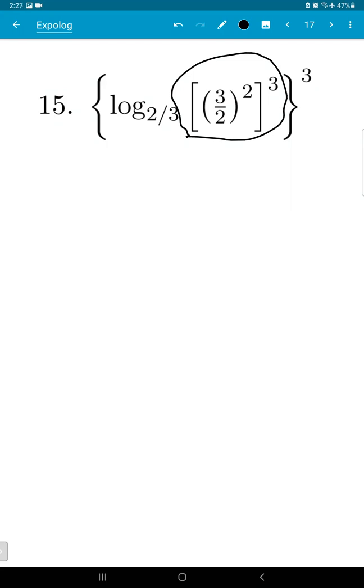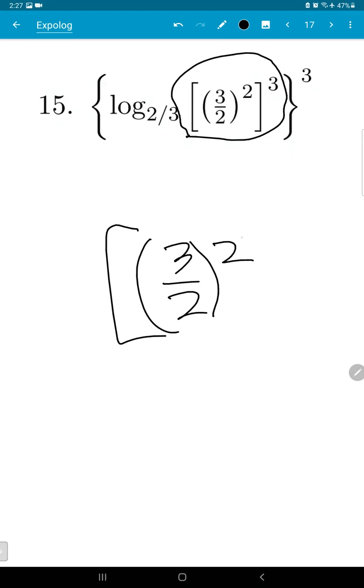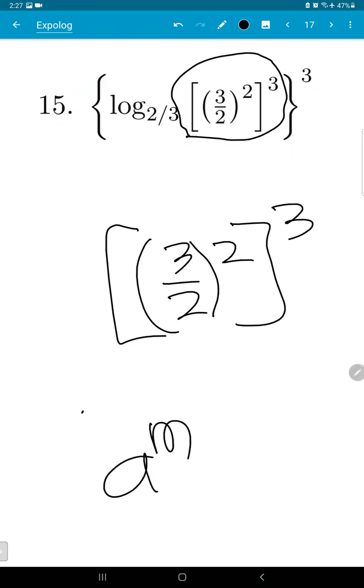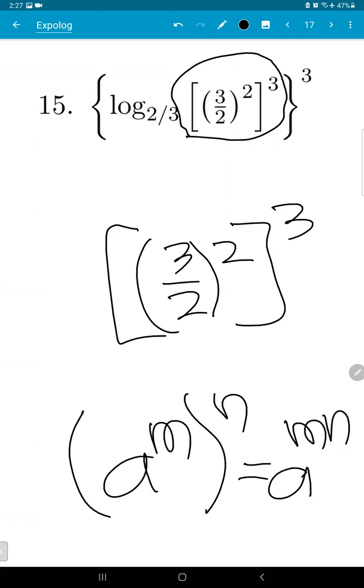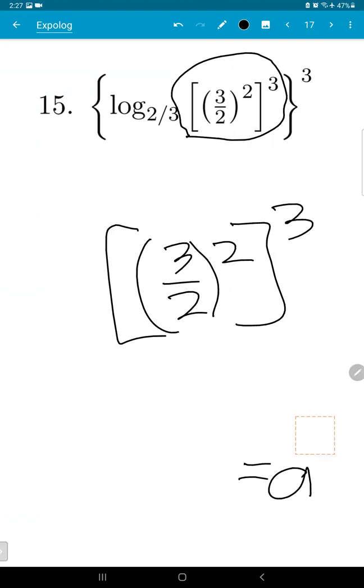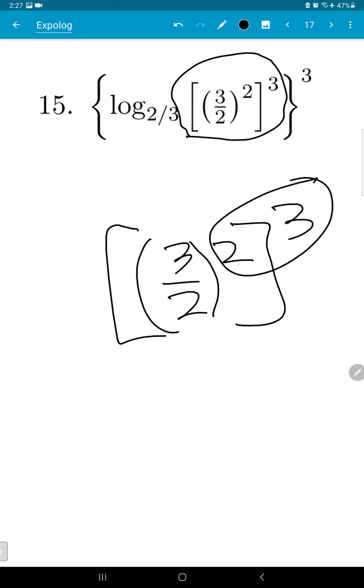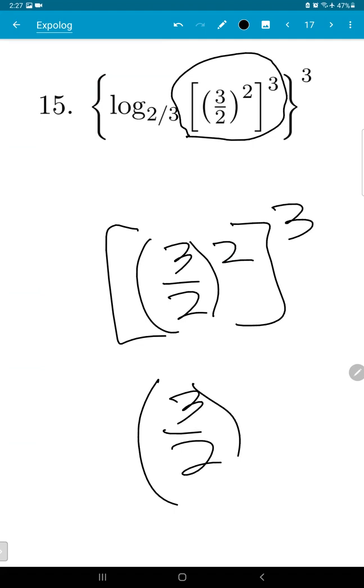It's just 3 halves squared cubed. We apply a law, a to the m to the n equals a to the mn. So you multiply, right? 2 times 3. So that's just 3 halves to the 6. Yes.